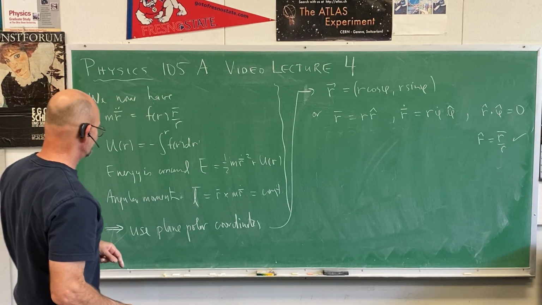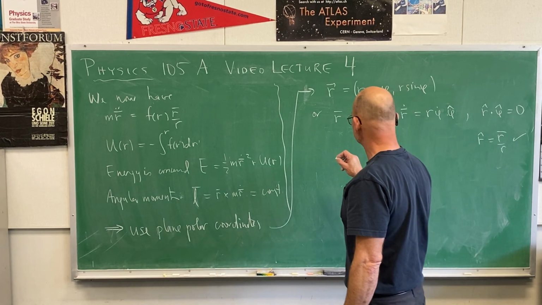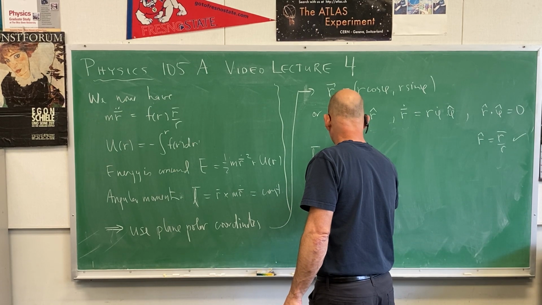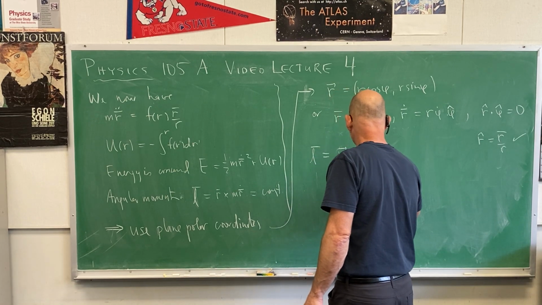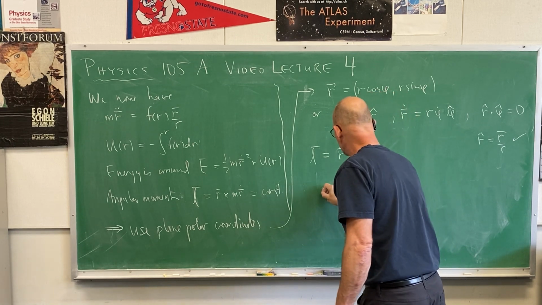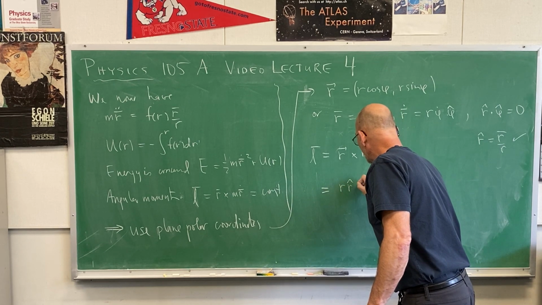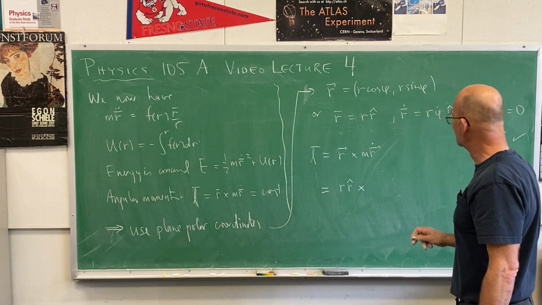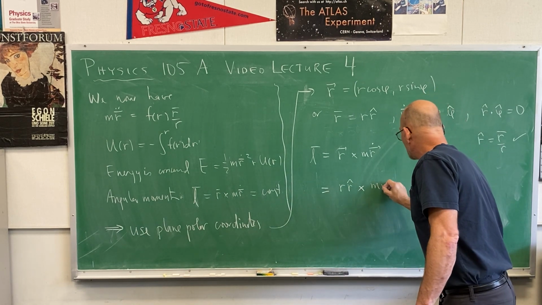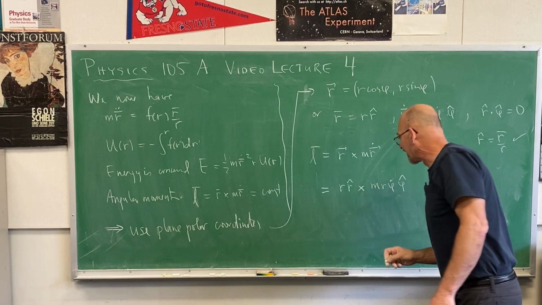So, let's get the angular momentum first. L is equal to r cross m r dot. So what do we have here? r hat cross m r dot r hat plus r phi dot phi hat.